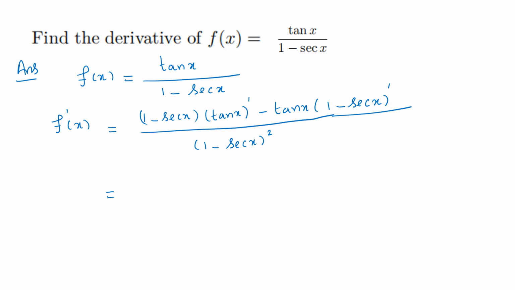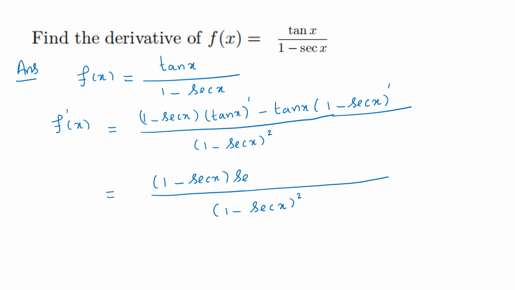Now we can find the derivative. Denominator is same, 1 minus sec x square. Numerator is 1 minus sec x. What is tan x derivative? Sec square x, minus here tan x. What is 1 minus sec x derivative? 1 derivative 0, no need to write. Minus sec x derivative, sec x tan x.